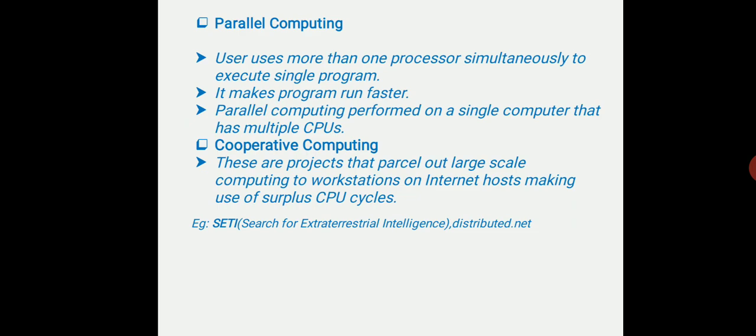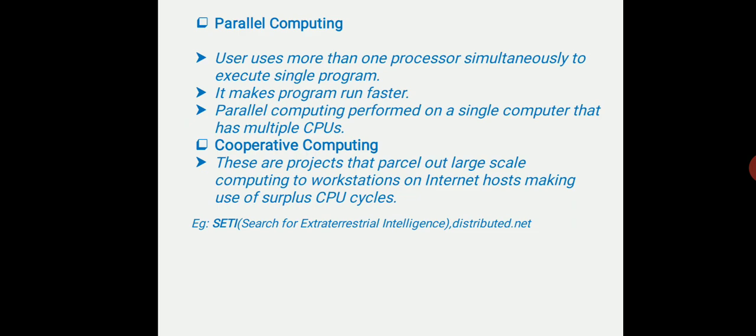See, a single program is using multiple CPUs to perform a single task. Okay, single program and multiple processors. So what is the result of this? It makes a program run faster. So parallel computing is performed on a single computer that has multiple CPUs. That is called parallel computing.